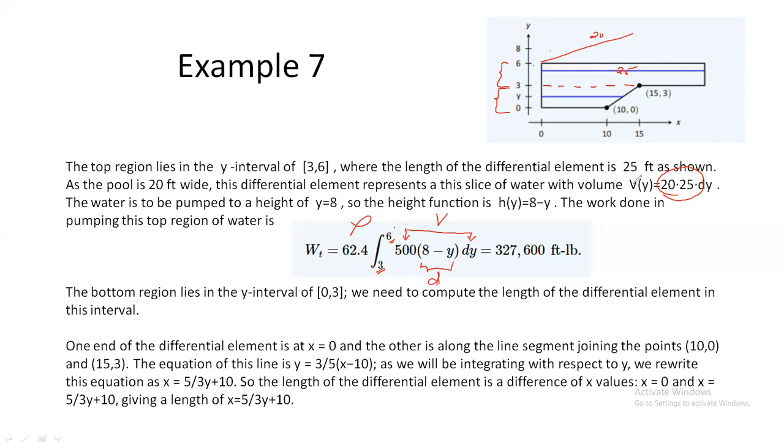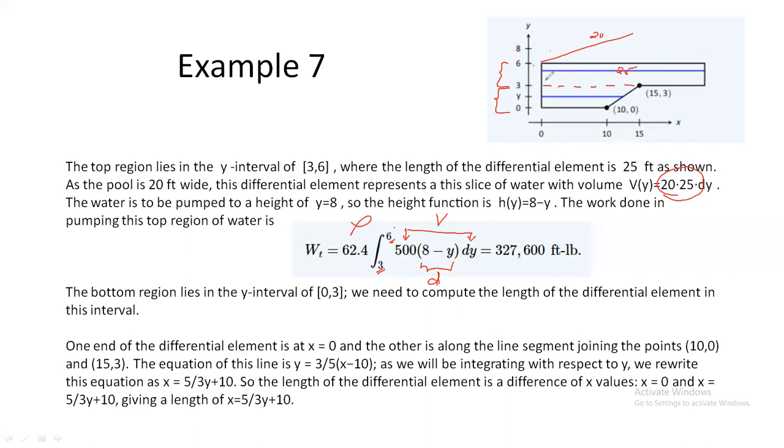Now remember that you are to pump all of this water up to 2 feet above the tank. So you have here 8, which is the total height from 0 here, and then you have minus y. So let's say, for example, the volume that you are referring to is until here, and that's the y.